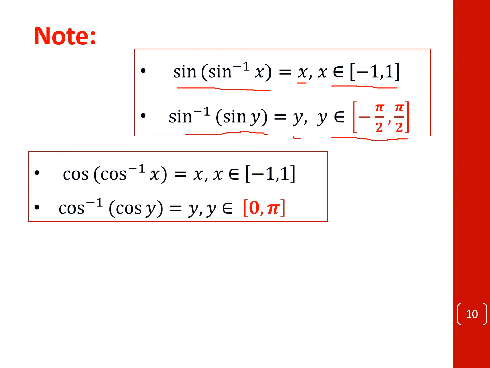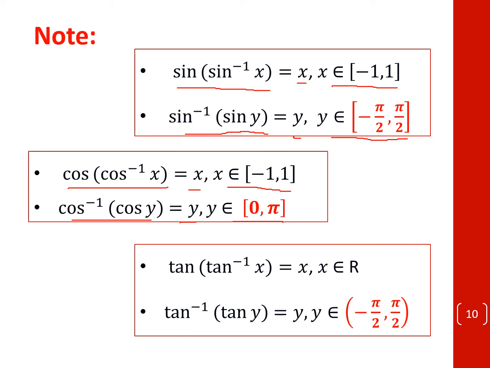Similarly, cos of cos inverse x is equal to x, where x belongs to closed interval -1 to 1, and cos inverse of cos y is equal to y, where y belongs to closed interval 0 to pi. Also, tan of tan inverse x is equal to x, where x belongs to real numbers, and tan inverse of tan y is equal to y, where y belongs to open interval -pi/2 to pi/2.